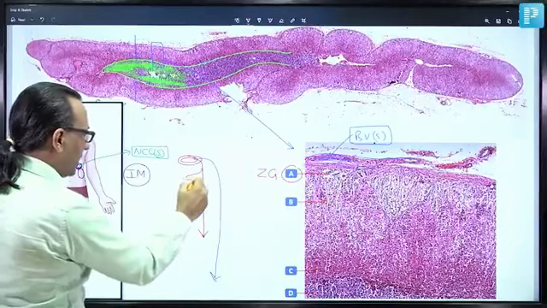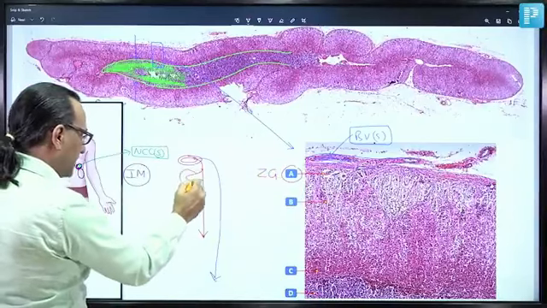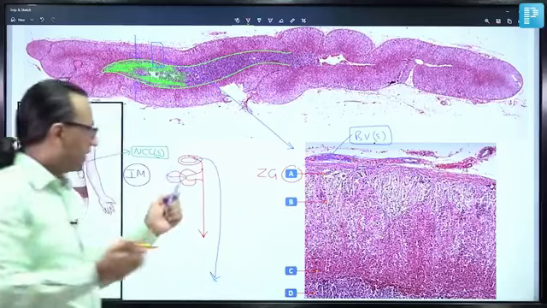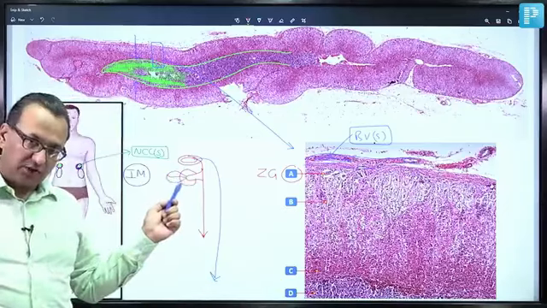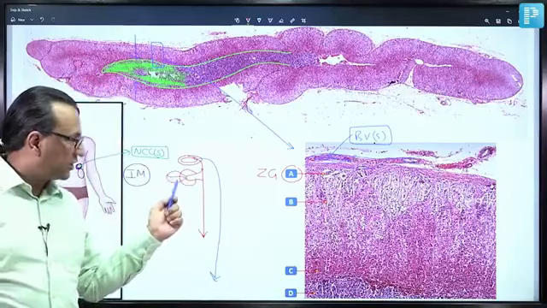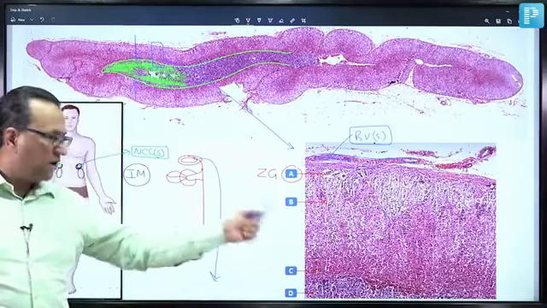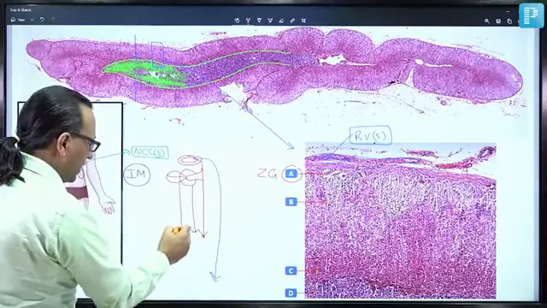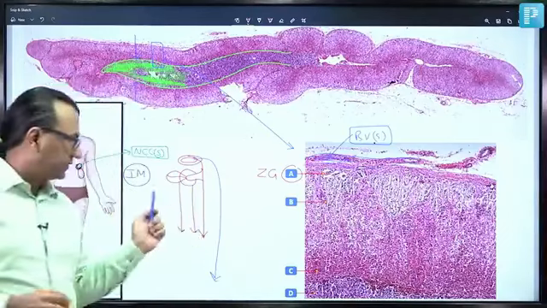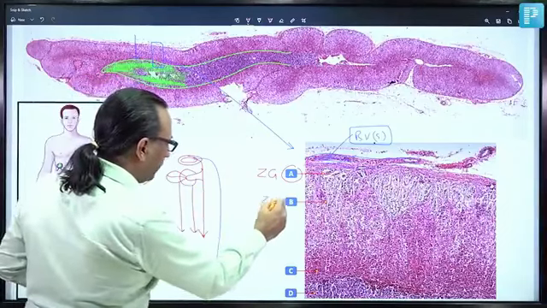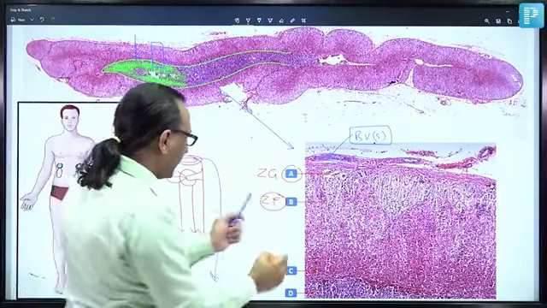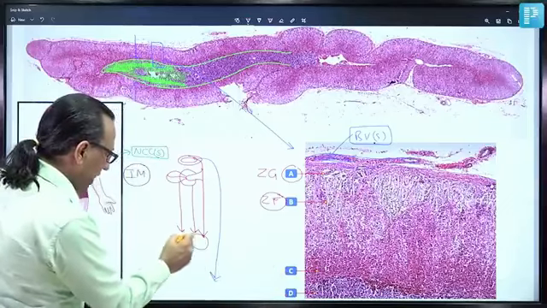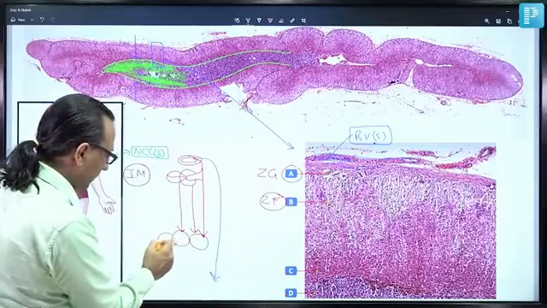Now the branches in the cortex will be found in the region of zona glomerulosa. The blood vessels are arranged in a network of capillaries, fenestrated capillaries, or you can say fenestrated sinusoids, to collect the secretions of zona glomerulosa. In fasciculata, the blood vessels remain parallel in a longitudinal direction. So this will be in zona fasciculata, and as they reach the zona reticulata, again they assume a network of blood vessels.